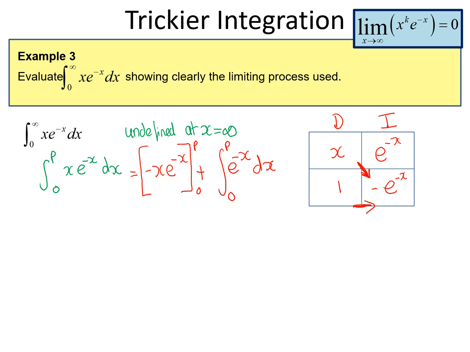Okay, integrate that, you're just going to get it again, aren't you? So we've basically got x e to the minus x minus e to the minus x with p and 0 there. Put the limits in.